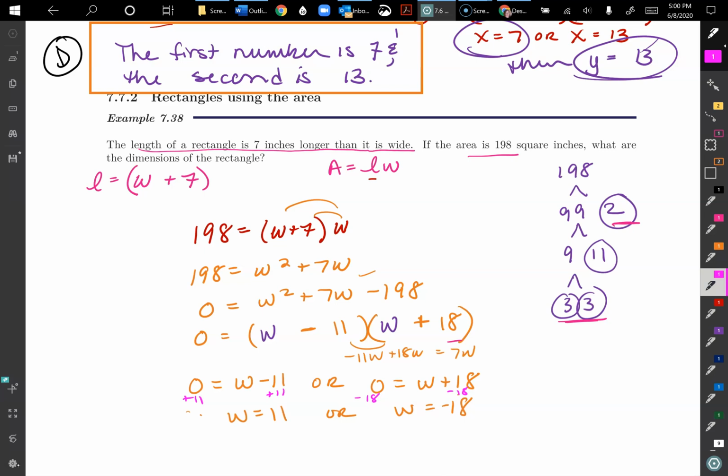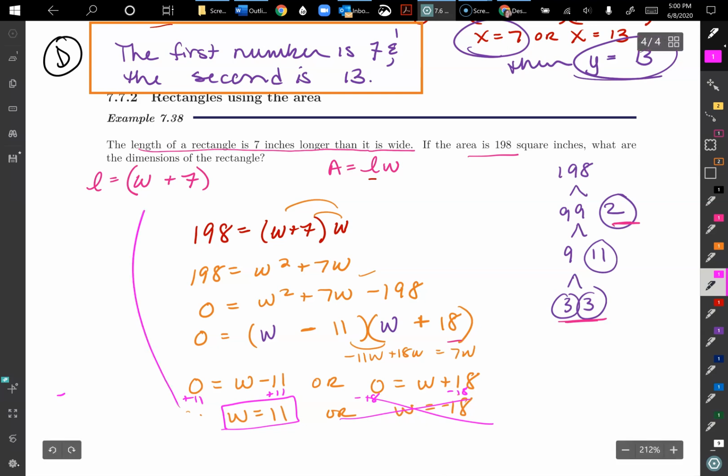A positive, so W equals 11 is the one that's going to work, and negative isn't going to work at all because I wouldn't have a negative length. So if W is 11, then L has to be 11 plus 7. The length is 18.